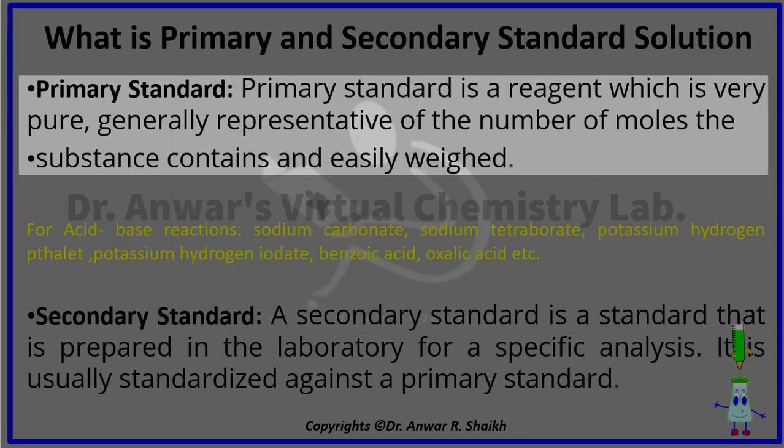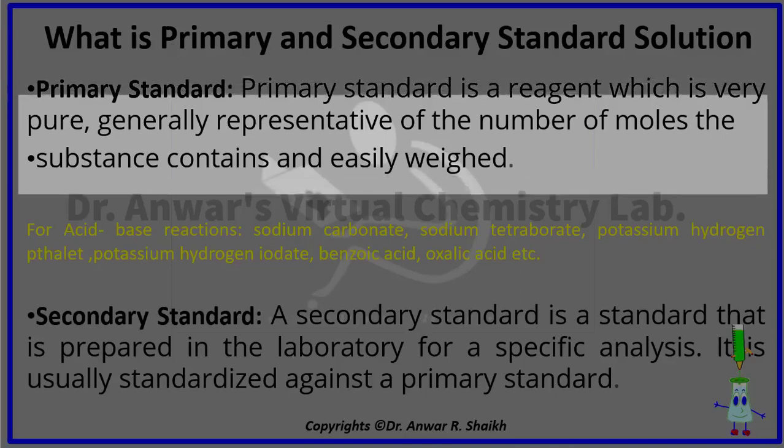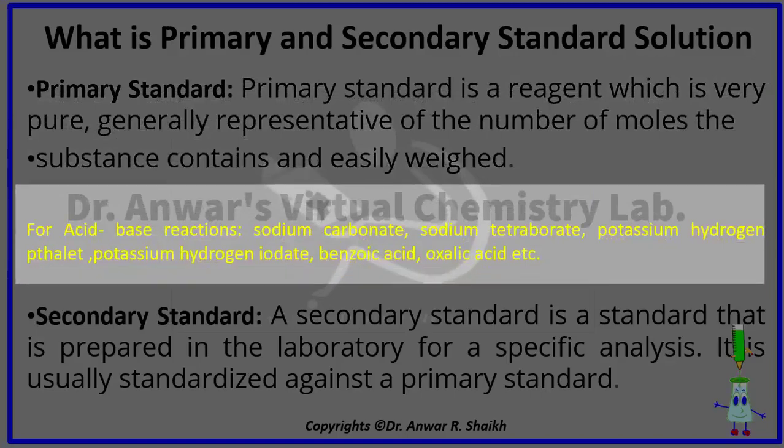A primary standard is a reagent which is very pure, generally representative of the number of moles the substance contains, and easily weighed. The substances commonly employed as primary standards for acid-base reactions are sodium carbonate, sodium tetraborate, potassium hydrogen phthalate, potassium hydrogen iodate, benzoic acid, oxalic acid, etc.